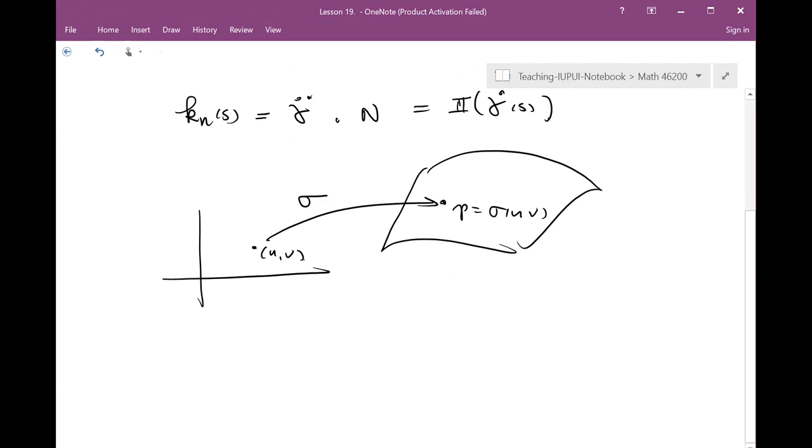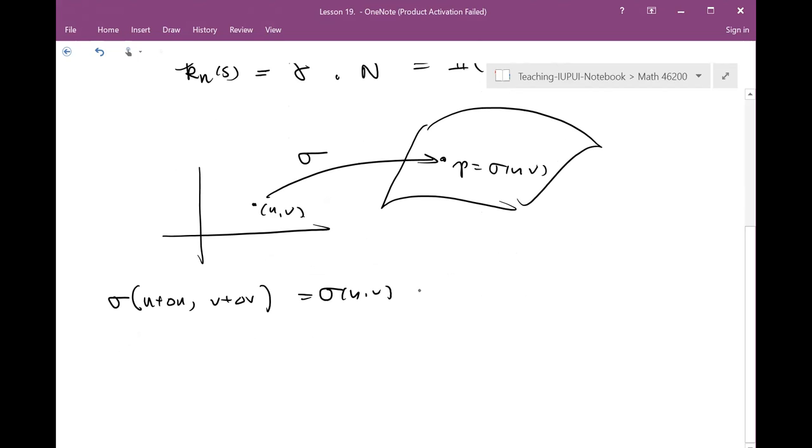We basically find the Taylor expansion, u plus delta u, v plus delta v. When you expand it, that's the first term. The second term gives you a tangent vector.